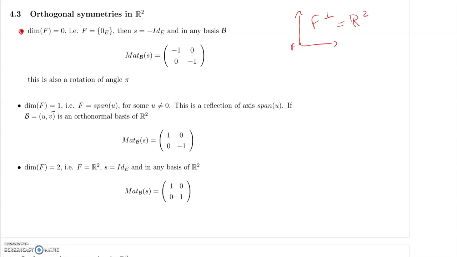Okay, and so you can really write that anything in R2 can be written as an element that belongs to F, which is just 0, plus some x2, where x2 belongs to F orthogonal, which happens to be R2. And so if you apply S of x, you get minus x, because x is equal actually to its x2 part. All right, so the matrix is going to be minus identity.